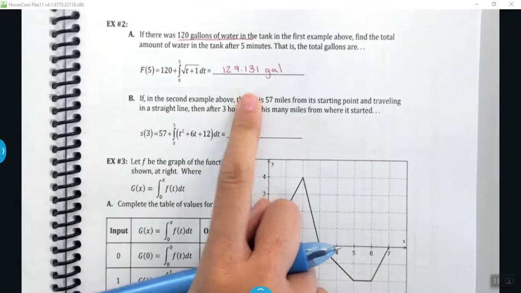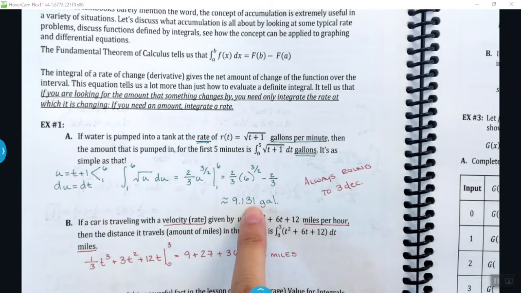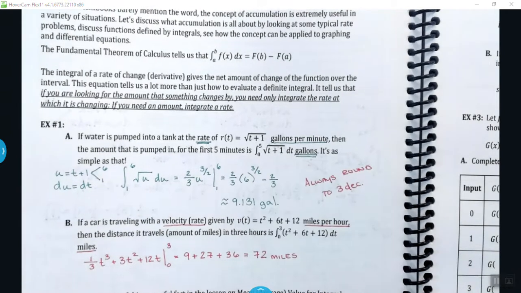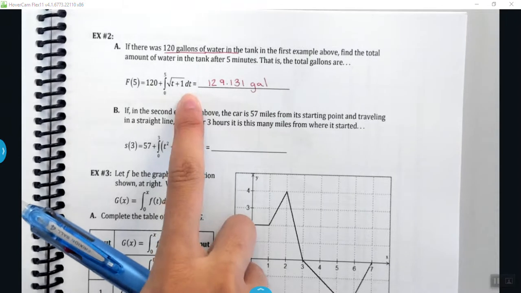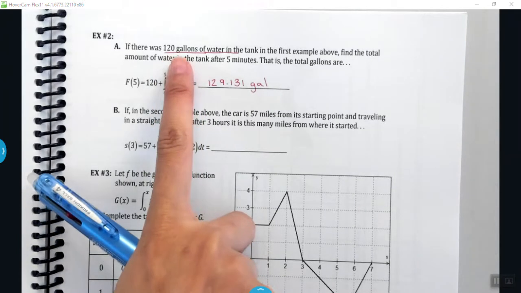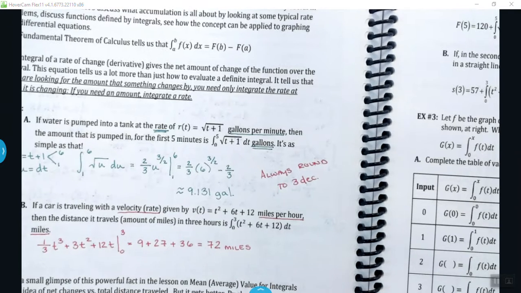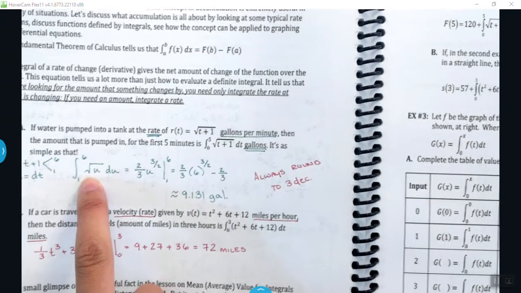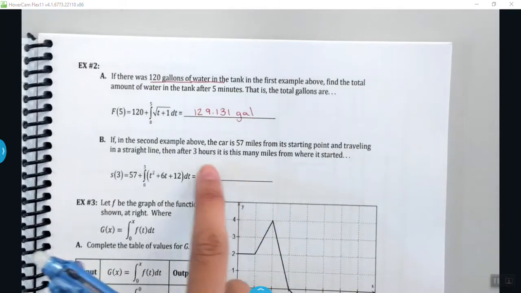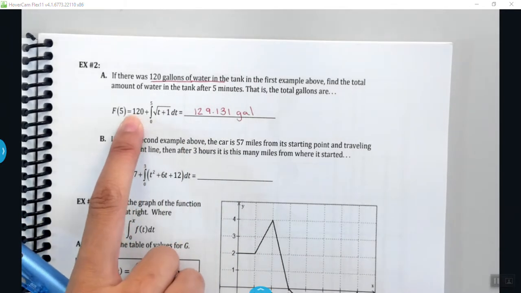So the difference between this one and the one we solved here is that this tells us how many gallons were added from 0 to 5. This one tells me how many total gallons are actually in the tank, because I started out with 120. If I just ask how many gallons are being pumped in, I just want the integral. If I'm asking how many gallons are in the tank, you add the initial 120.